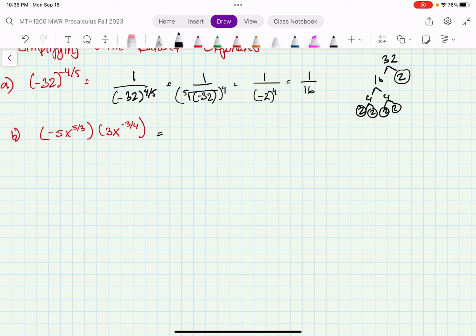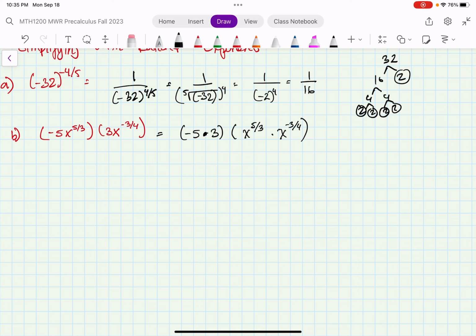In this case, what I like to do is combine the numbers with the numbers and then the variables with the variables. So I like to separate them. I like to do negative 5 times positive 3, and then x to the 5/3 times x to the negative 3/4.